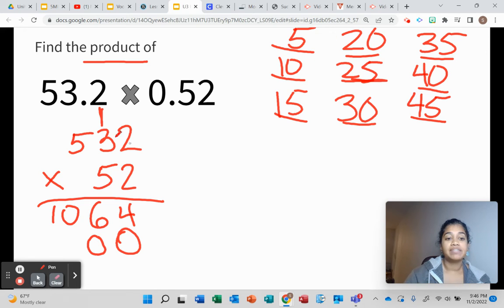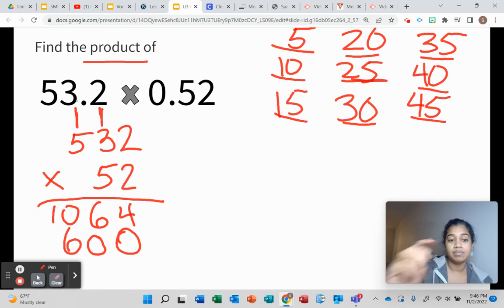Then do 5 times 3, which is 15. But I carried my 1, so I have to add that 1. So now we have 16. We're going to put the 6 down, and then carry our 1. Now we have to do 5 times 5, which is 25. But we have to add 1, which gives us 26.